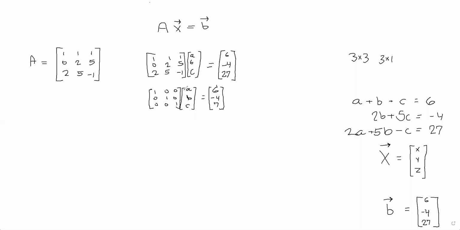All right, so things are a little easier to handle now. So we have A plus 0B plus 0C equals 6 for our first row. Second row, we have 0A plus 1B plus 0C equals -4.